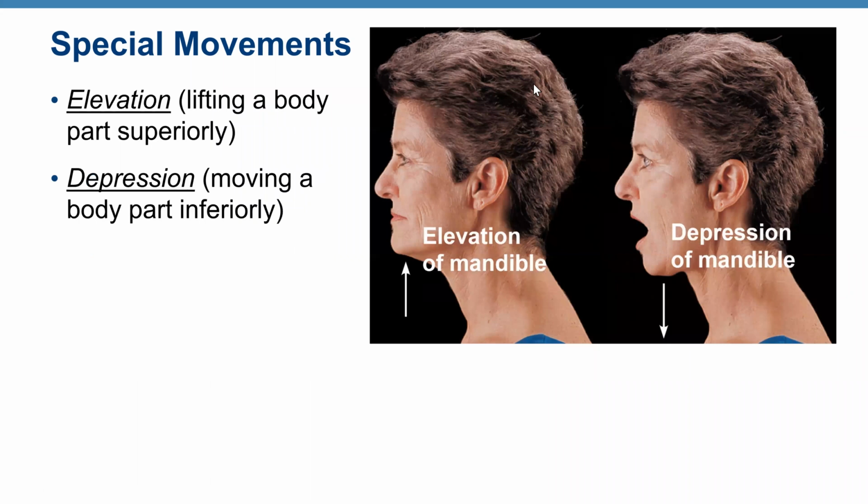Elevation, lifting a body part superiorly, so you can elevate your mandible as well, right? Mandible up, or depression, mandible down, and you can also do it with your shoulder blades. You can elevate and depress your shoulders.